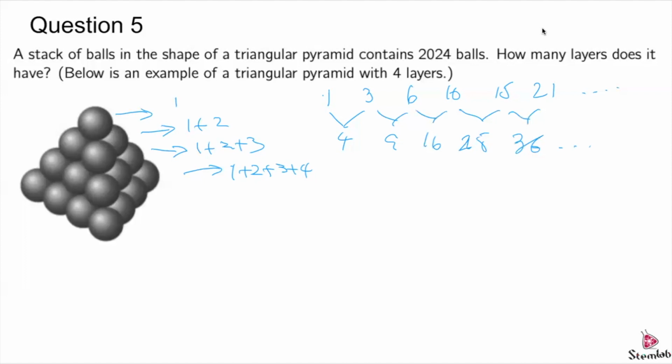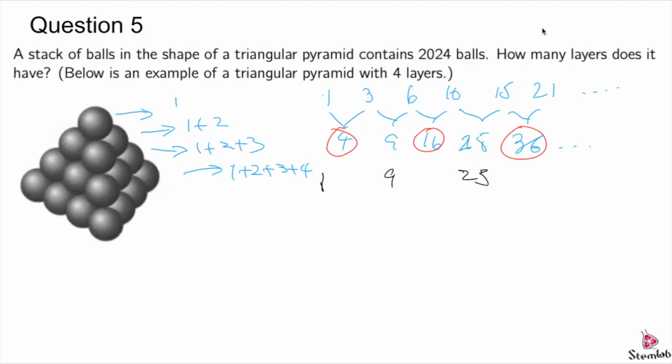If it's an even number of layers, we'll have 4, 16, 36, and so on. If it's an odd number of layers, we'll take one separately, then 9, 25, so basically the sums of the odd squares. If there's an even number of layers, we can just take the sum of the even squares.